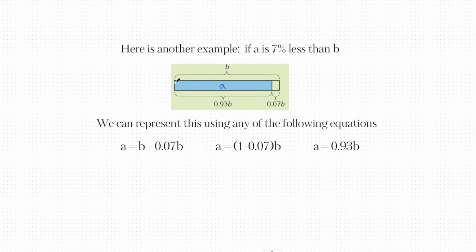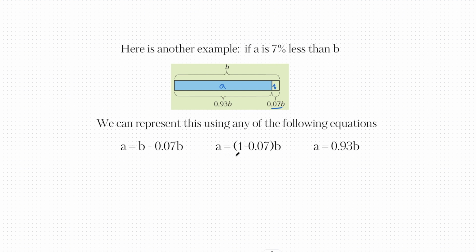B was the whole thing. 7% was less, so this part was removed, and what's left over is the blue box, and that blue box is 7% less than what we had before, and that's A. So this can be represented in three different ways. A can be B minus 0.07B. So it's the entire thing B minus this amount.